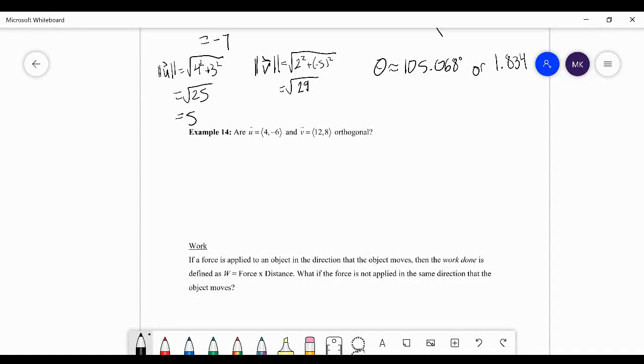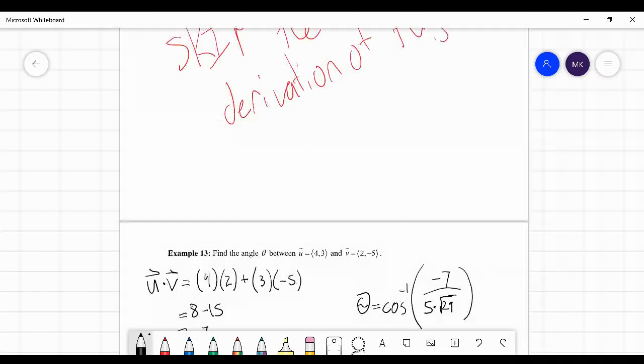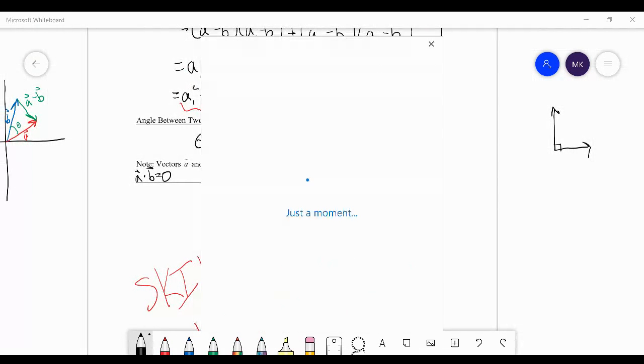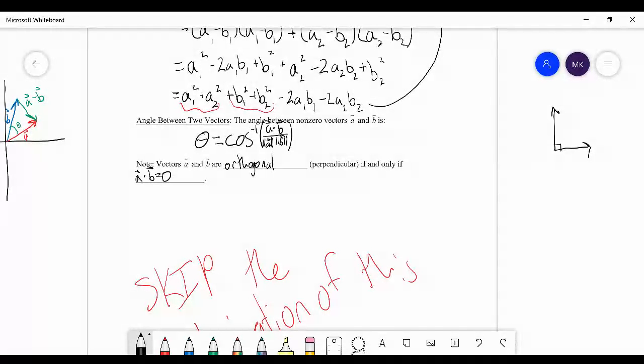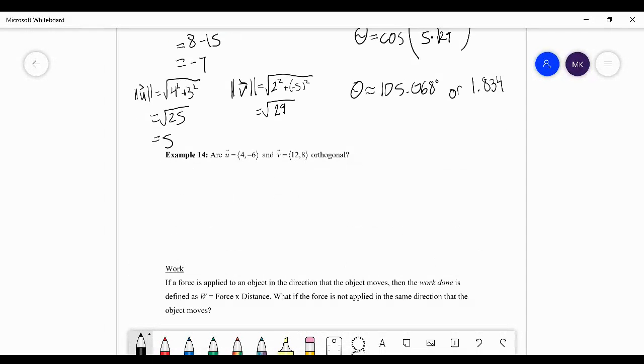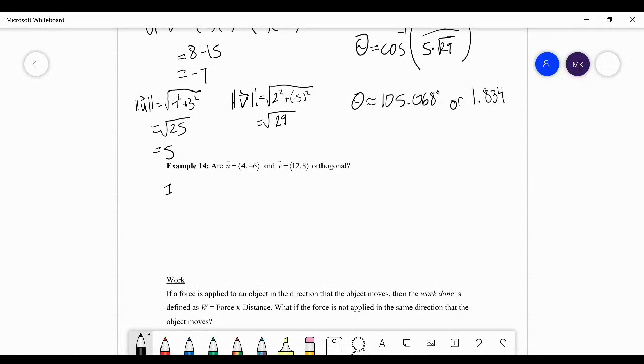Are these two vectors orthogonal? What does it mean for two vectors to be orthogonal? If you recall, two vectors are orthogonal if and only if their dot product is 0. So we just need to check: is u dot v equal to 0?